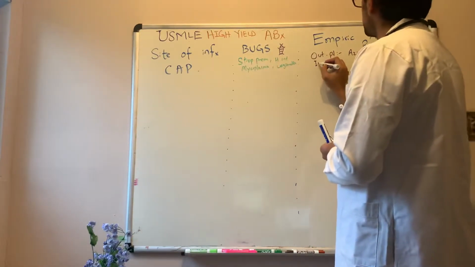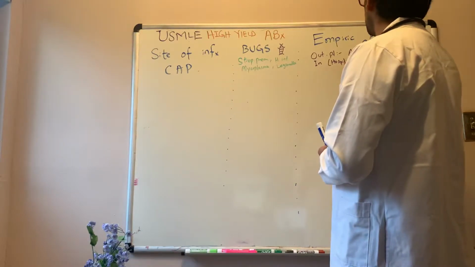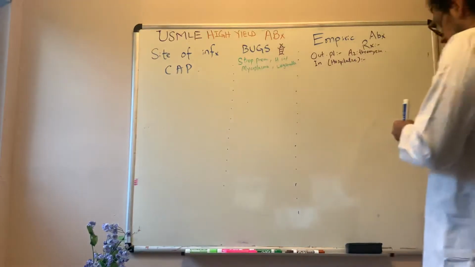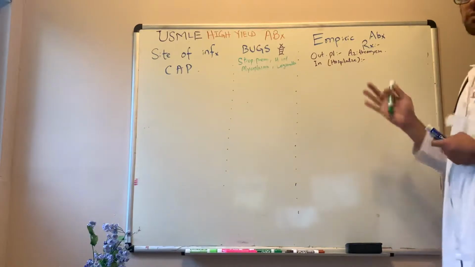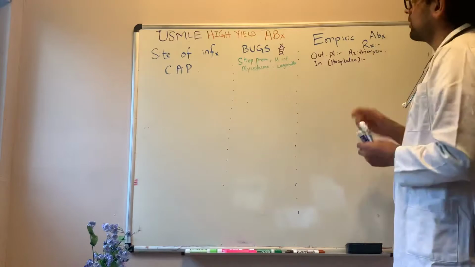Now inpatient or hospitalized, that's a wonderful question, that when they ask about a hemodynamically unstable patient, CURB-65 or anything like that. So what do we need to remember in hospital?